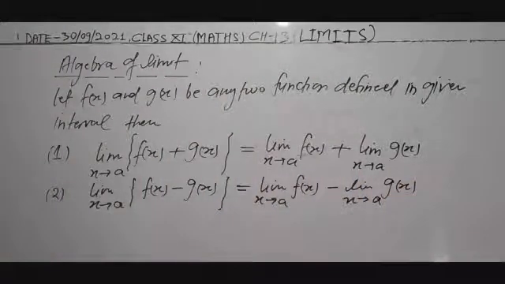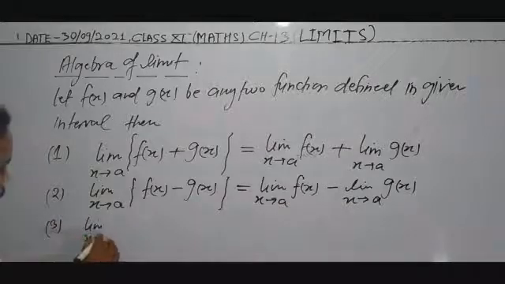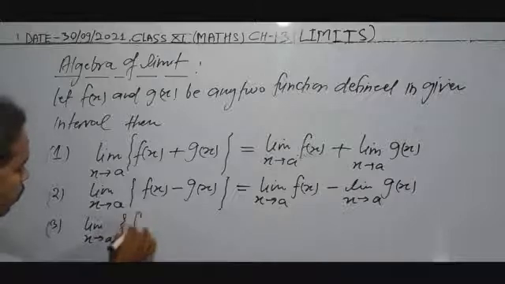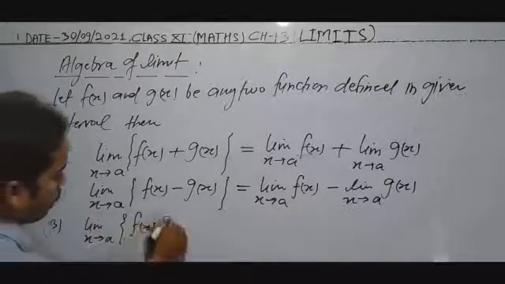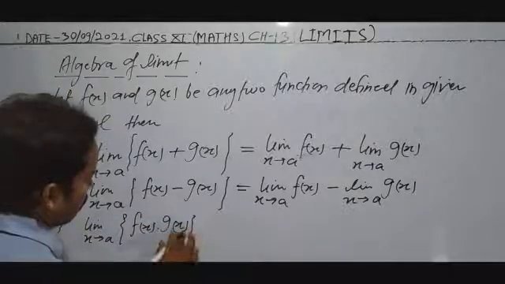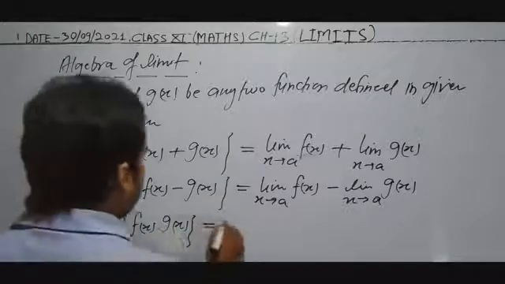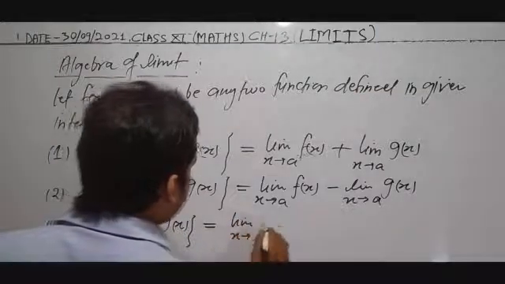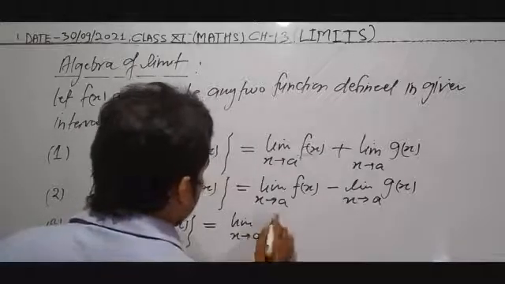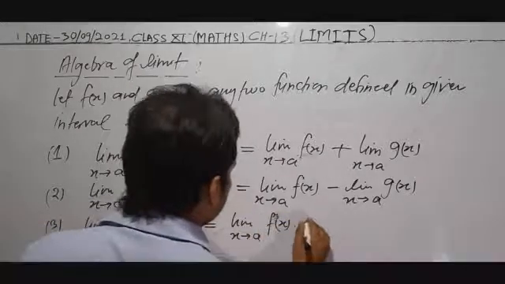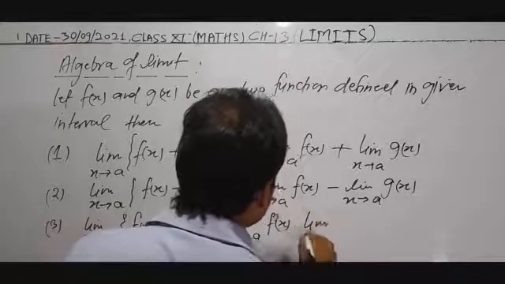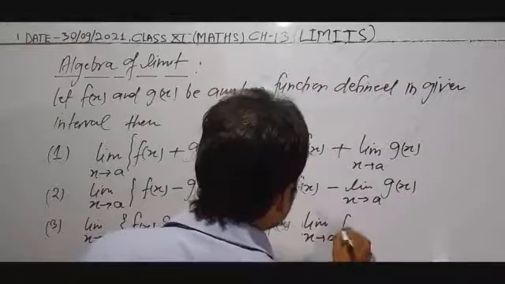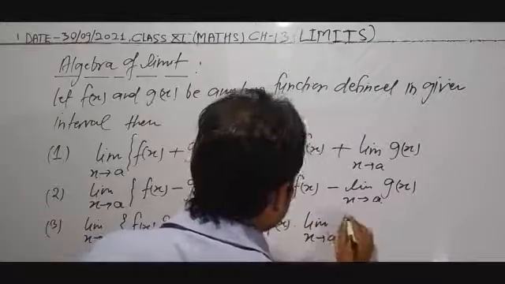Now third is the limit of the product of two functions is always equal to the product of their limits. This will be g(x).